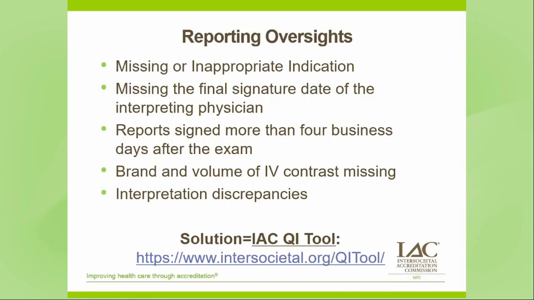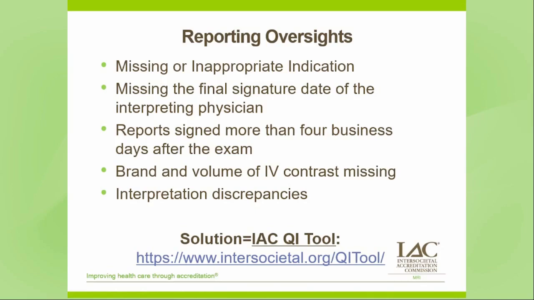The last reporting oversight that I'm going to go over is regarding interpretation discrepancies, which means that there was pathology present on the images that the IAC reviewer has determined was either not described or described incorrectly on the report. Now, this is where thorough proofreading by the interpreting physicians prior to signing off on the report and physician peer review come into play.